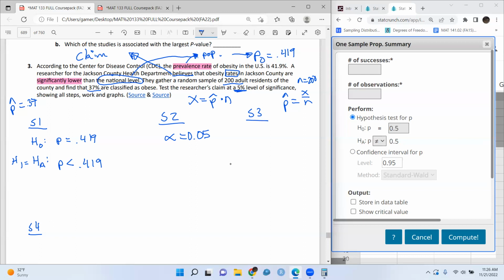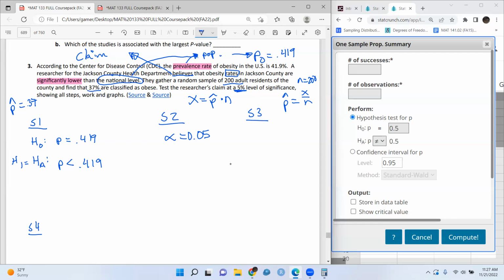So if we get a p-value greater than 5%, we're not comfortable with that. We're saying that the results, this 37%, happened by accident. Remember our 3 things. If we get a sample that doesn't match our expectations, either the sample itself was biased and so the results are no good, or it happened by chance, or the parameter itself is bad, right?